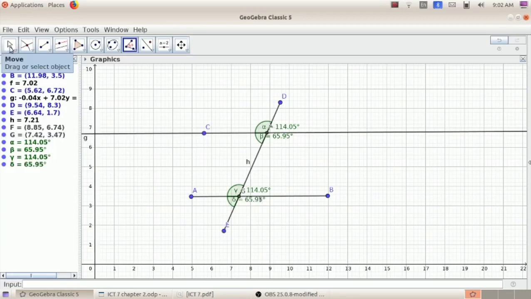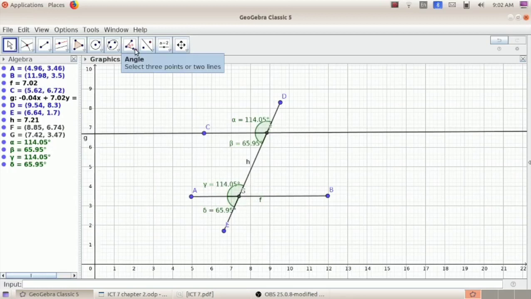Now we'll use the move tool to move these labels into the correct position. Now again use the angle tool and find the remaining angles. To find this angle, click on these points in anti-clockwise direction.